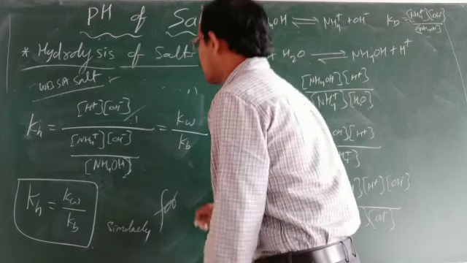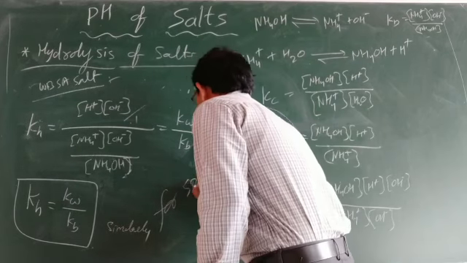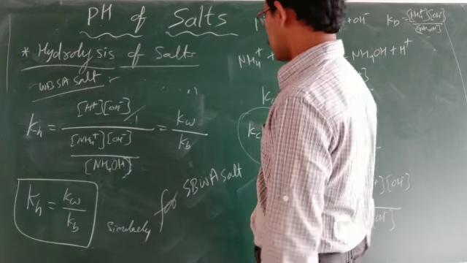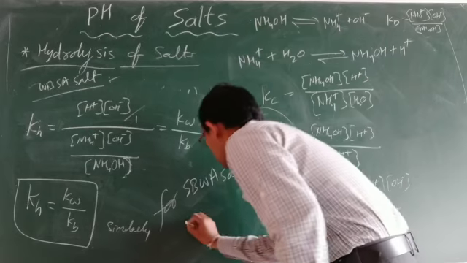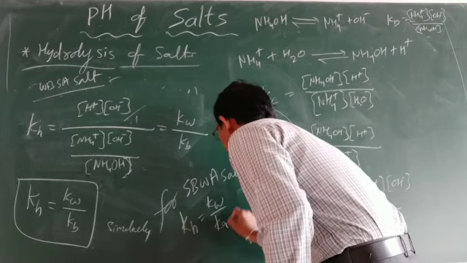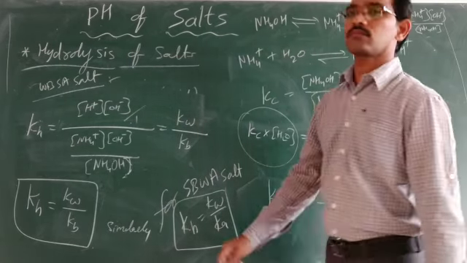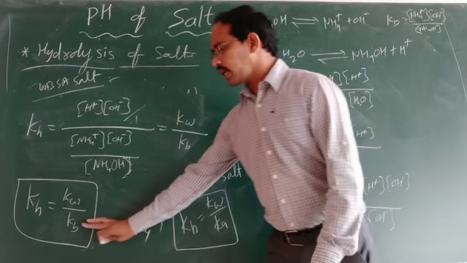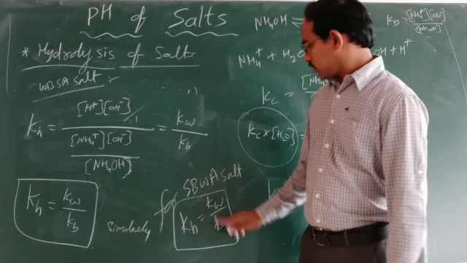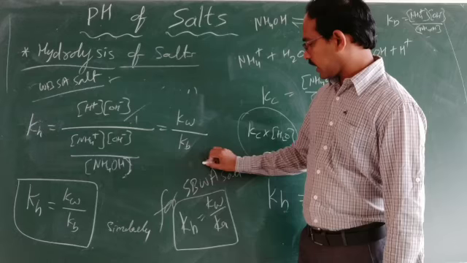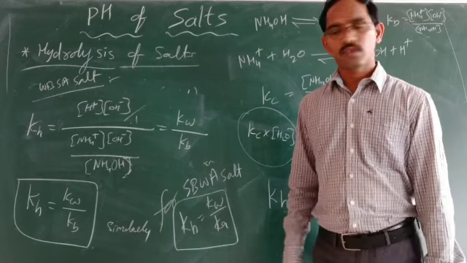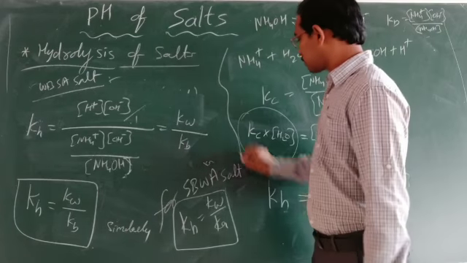So similarly for strong base weak acid salt, the KH equal Kw by Ka. See, Kb Ka कभी भी for weak acid and weak base के लिए रखते हैं, ठीक है? Weak acid is there, means Ka will be there. Here there is no Ka. Strong base, strong acid के लिए no Ka. ठीक है? So you write this much, then we continue.